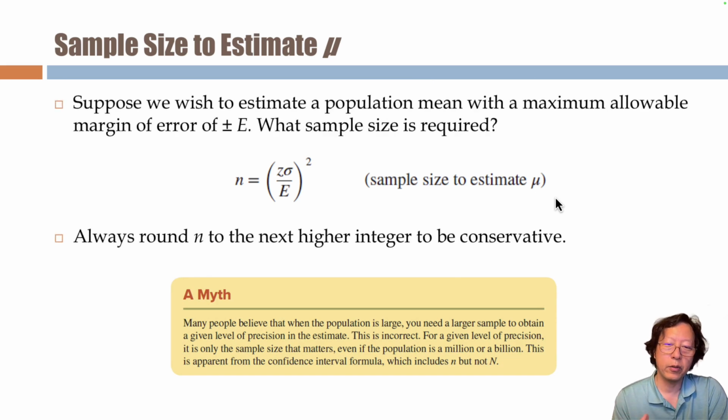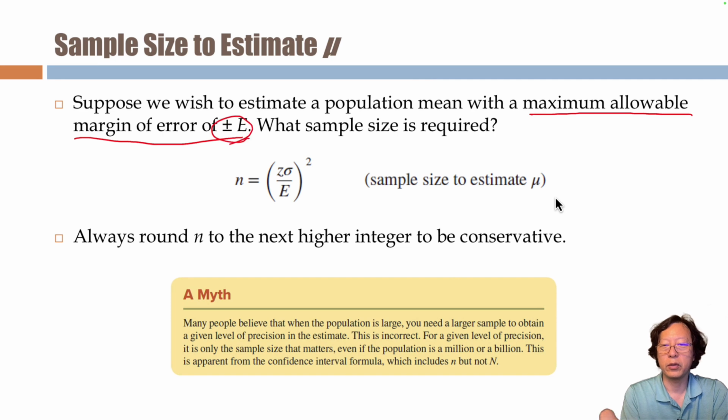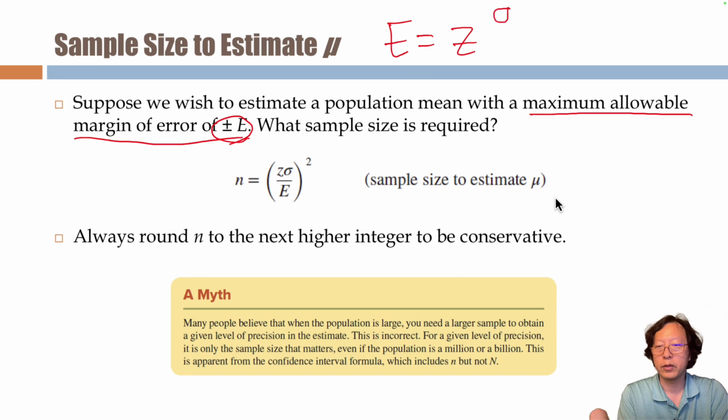This is like the opposite calculation. When you want to know how large a sample size you have to collect, if you have a certain maximum allowable margin of error, E. So here the margin of error, E, is Z times sigma over square root of n.